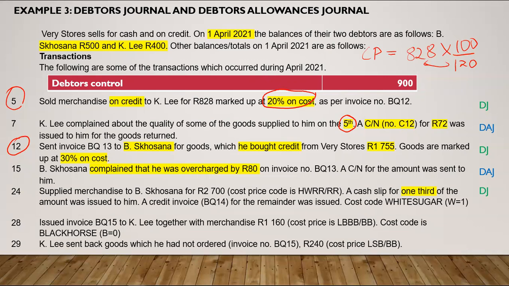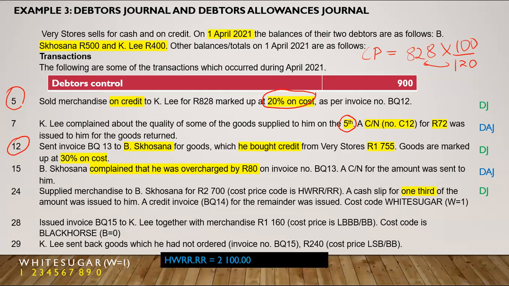So I will start with the cost code and assign a number to each letter. We know that if W is 1, then H will be 2, up to 9, and R will be 0. WUHRR will be 2,100.